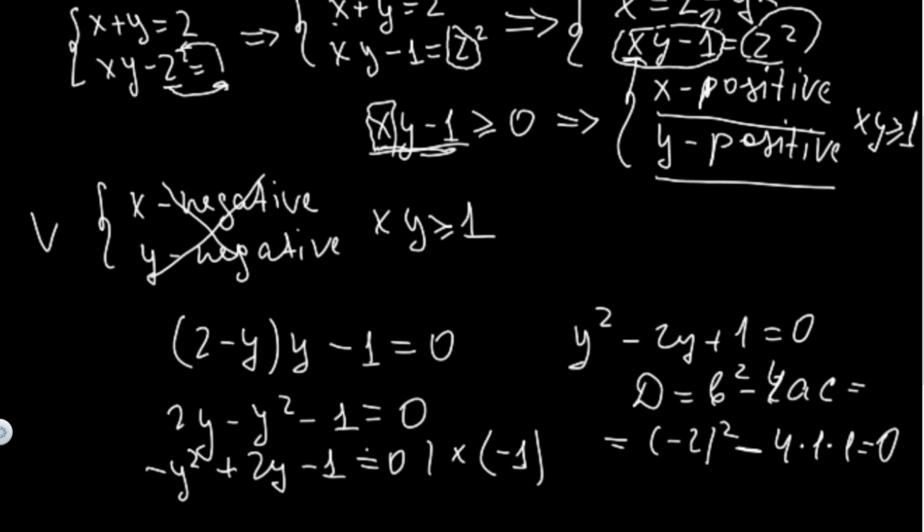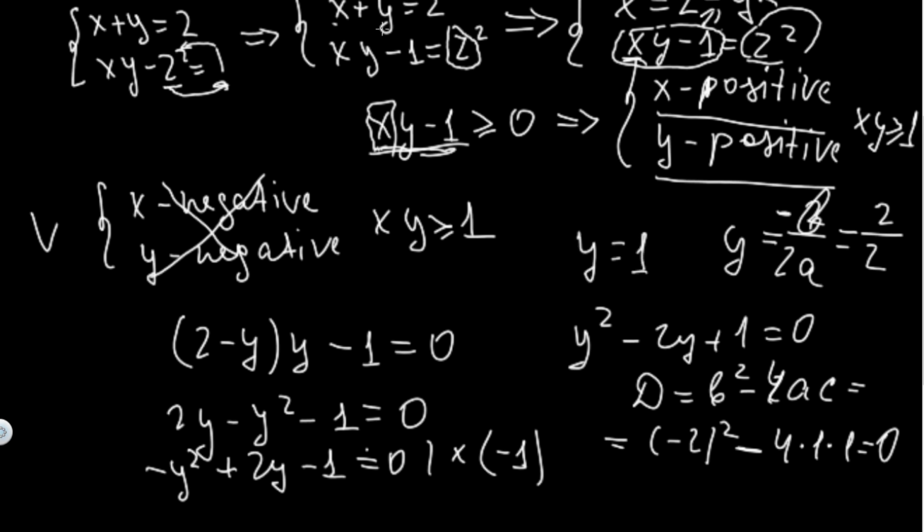If the discriminant is equal 0, it means there is only one solution. It means that y is only 1. It's minus b divided by 2a. Minus b is minus minus 2, so we have 2 divided by 2. So y is equal 1.